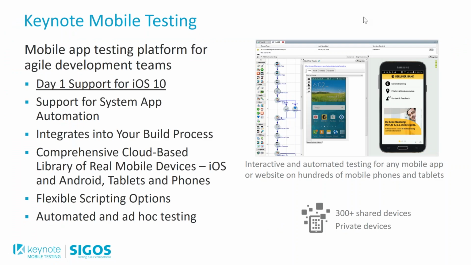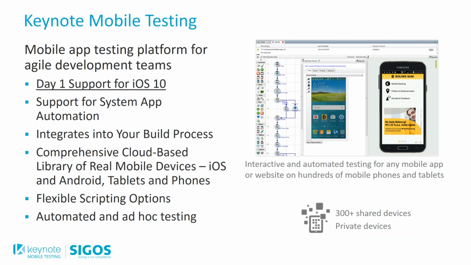So Eric gave you a pretty good quick view of what the tool can do. In general, Keynote Mobile Testing is a mobile app testing platform for Agile development teams. We do have day one support for iOS 10, as you saw. We're able to create scripts that act on iOS 10 objects, both with native apps and also within system apps. So we have full support for system app automation.